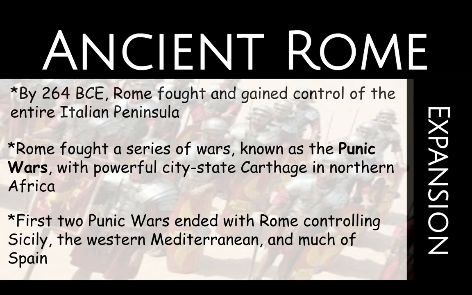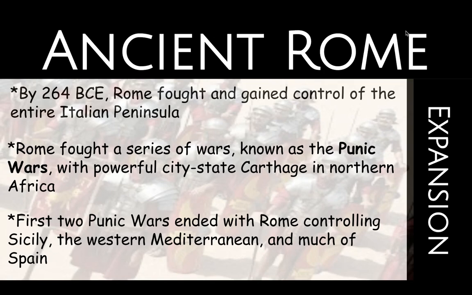And then Rome fought a series of wars called the Punic Wars with the powerful city-state of Carthage in North Africa. If you look at your map on page 29, Carthage is identified. It's got the little X's in it, I believe.